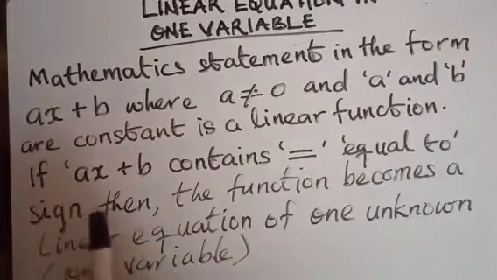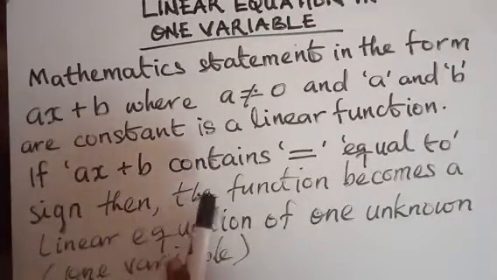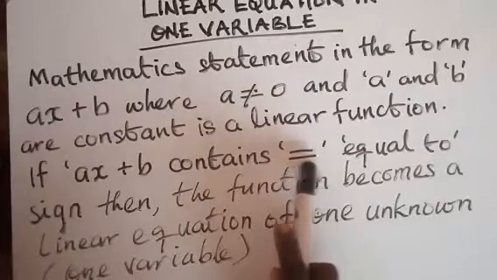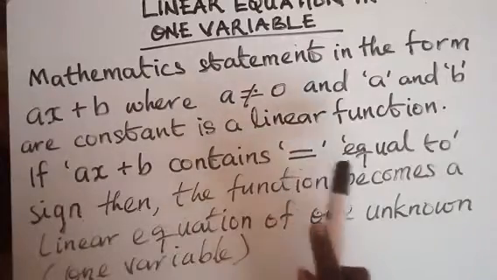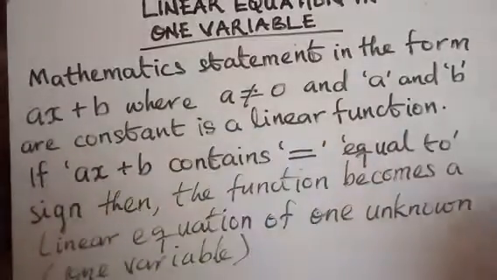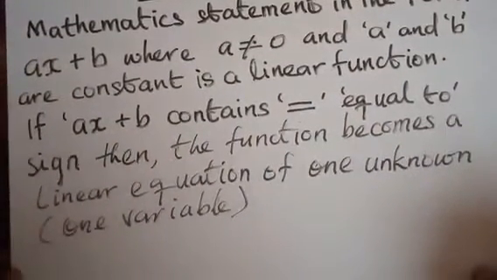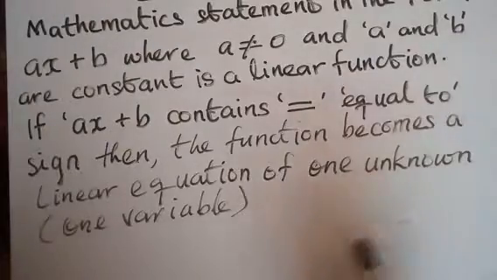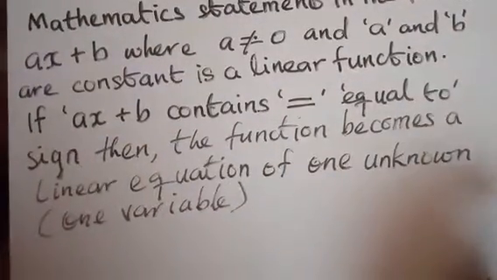If ax plus b contains an equal to sign, then the function becomes a linear equation of one unknown, which is also known as one variable.